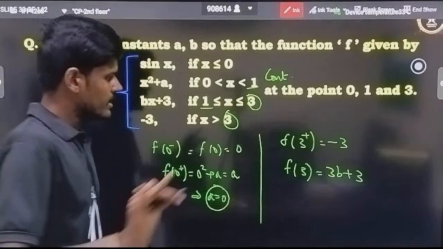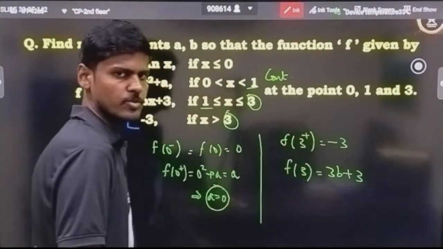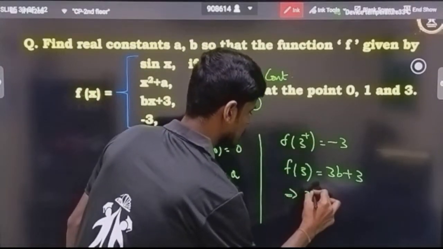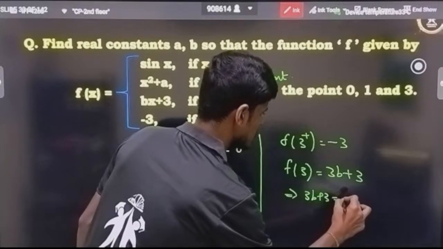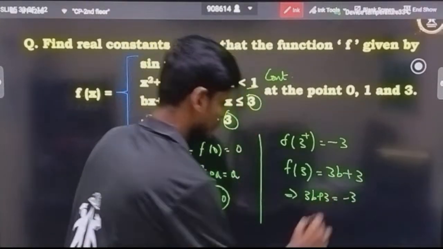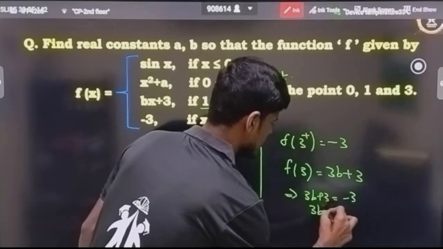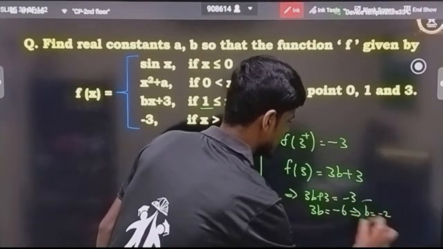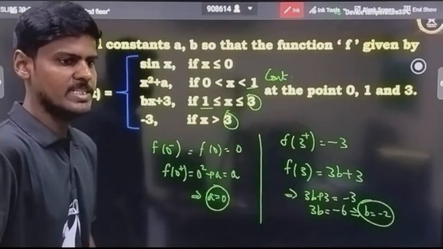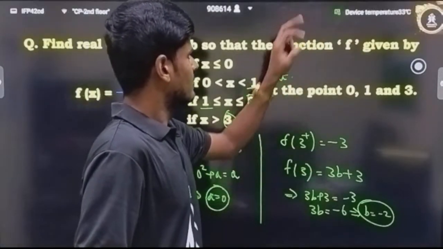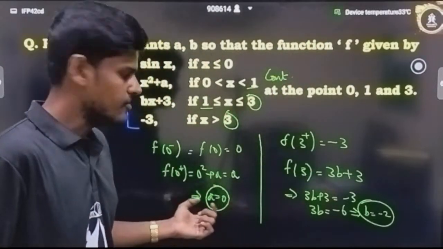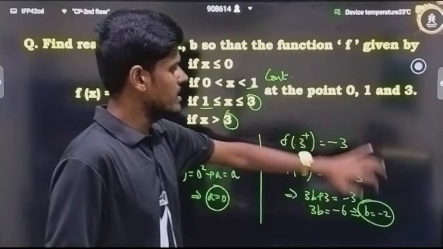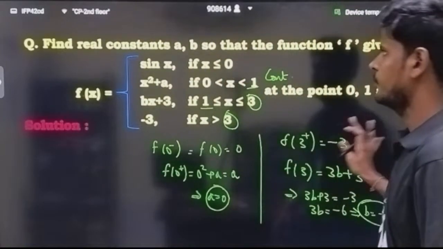Yes or no? Yes. As these two values should be equal, 3b plus 3 is equal to minus 3. Which means what is the value of b? 3b is equal to minus 6. Which means b should be equal to minus 2. That is it. So what are the values of a and b? a equal to 0 and b equal to minus 2.